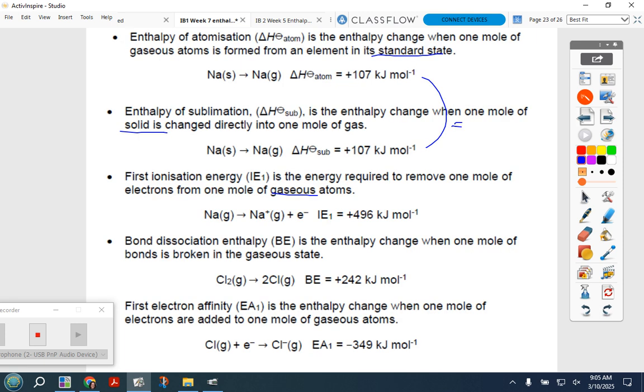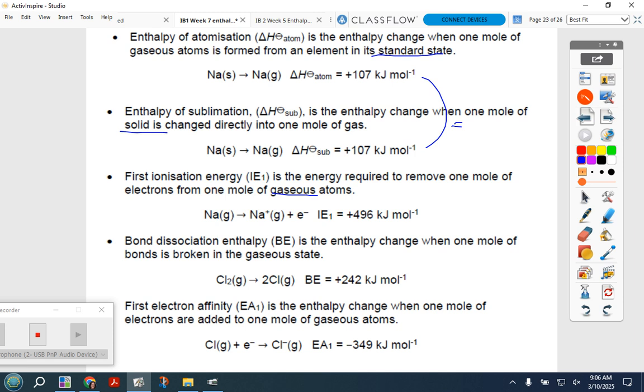So going back to chlorine now, we were already in the gas state because the standard state for chlorine is a diatomic gas.